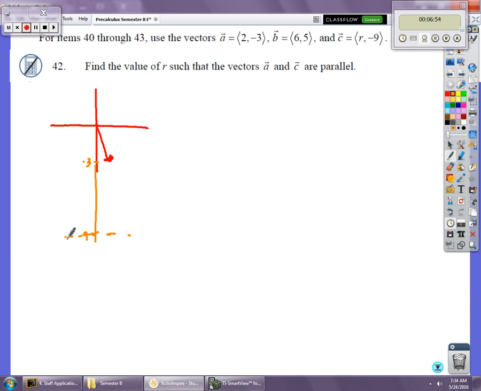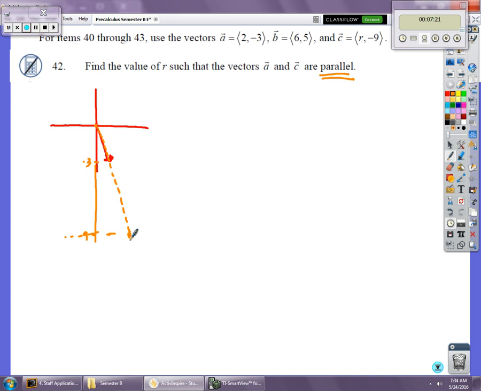But the thing is, if they're parallel, think about that. That means they have to be running the same slopes, right? So if I know that this one lands down here at -9, going from the origin to be parallel, it's got to come from that origin. It's got to have that same path, that same projection, and those two are parallel to each other.